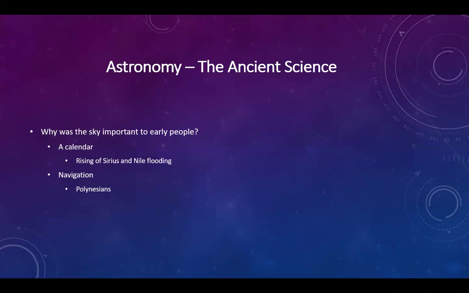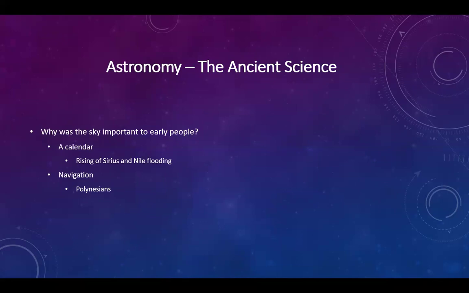This was incredibly important for the agriculture along the Nile, because people needed to prepare for the floods, and they needed to capture the water and the silt from the floods that made their fields fertile. And it actually corresponds with the rising of the star Sirius, which is an incredibly bright star.